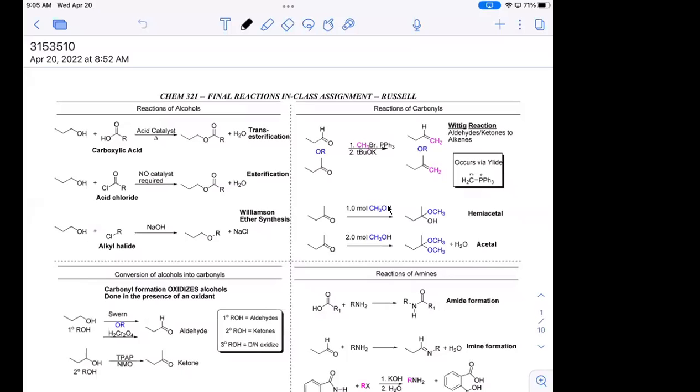So we're basically going to talk about, and I have a video for this, I just didn't send it. I'll send it out today as reinforcement. But we're basically going to talk about four different types of reactions, right? So it looks like a lot, but it's really reactions of alcohols, conversions of alcohols into carbonyls, carbonyl reactions, and then amine reactions.